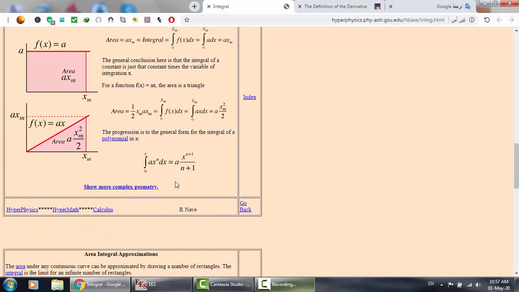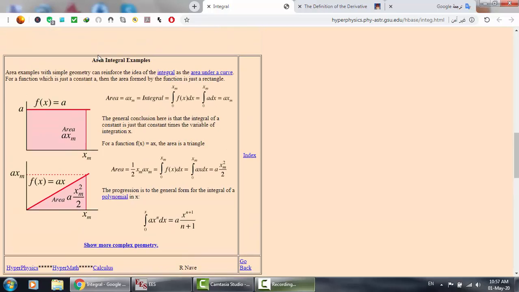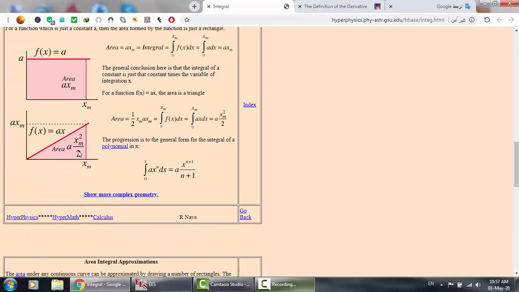Okay. So you know this, the area under this line from 0 to xm is this from here to here multiplied by this. Okay, this is the area of the square or the rectangle, and here is the area of the triangle.